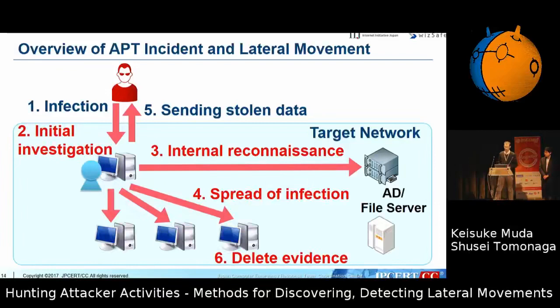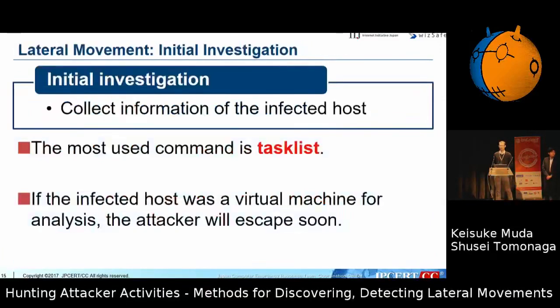After this slide, I will describe what kind of tools are used in the 4 steps of lateral movement. First step is initial investigation. The most used command is tasklist.